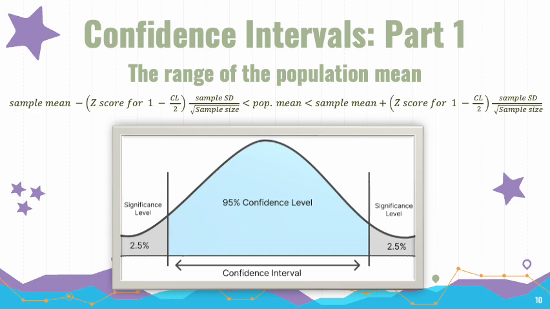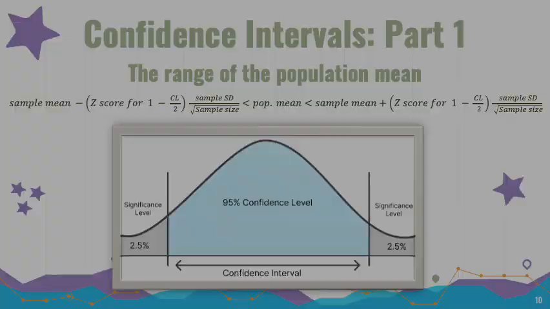So the wider we make our net, the wider we make our confidence level, the wider our interval is going to be. Because a wider confidence interval increases the likelihood that the population parameter is going to be captured. And we're going to look at this on the next slide in a different way.